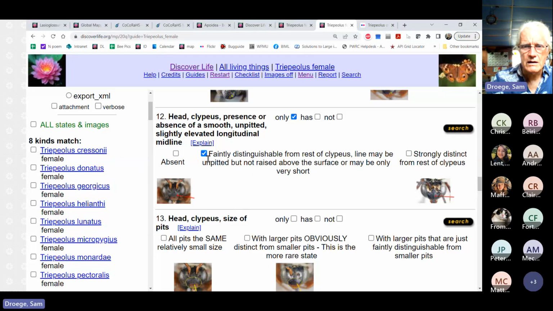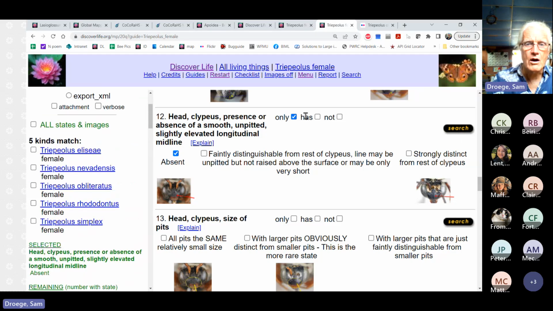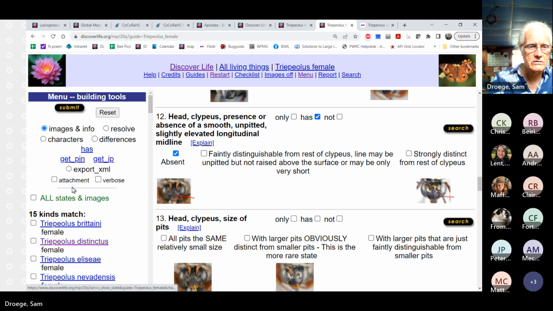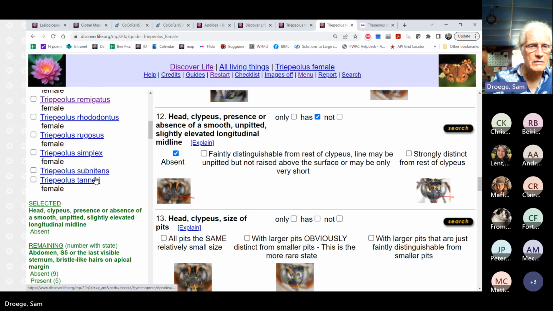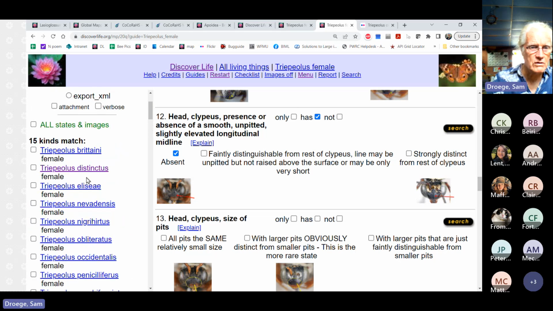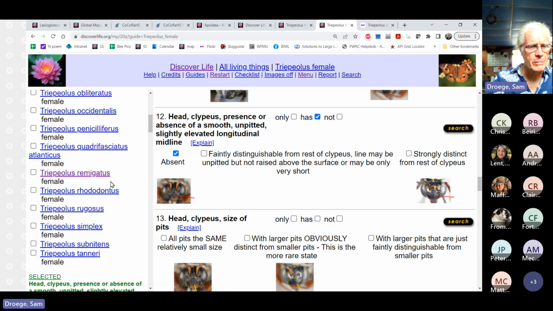Let's see if lunatus is also scored for having absent, because you could look at that and say it's not there. Sorry, I was clicking on only instead of has. So a lot of things are scored for absent, but not lunatus. Lunatus is scored for having a faintly distinct line only.